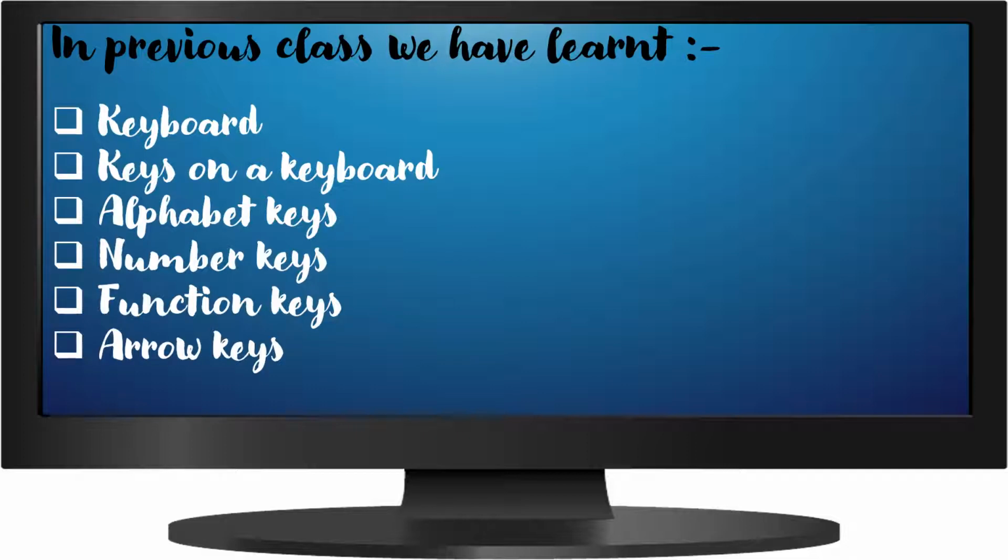They are also known as cursor control keys as they control movements of the cursor on the monitor. Special keys. There are some tasks that the above keys cannot do. They require some other keys. These keys are known as special keys. Some of the special keys are space bar and enter.